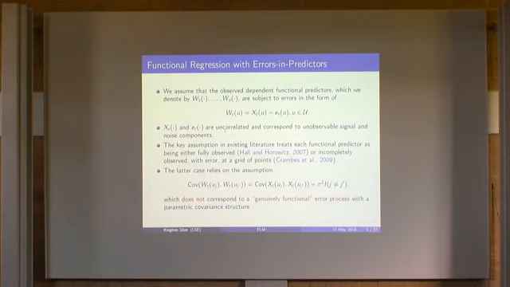Then you get a smooth estimate, and you can estimate both the first term and the second term. As I mentioned, here the error process does not correspond to a fully non-parametric covariance structure, so we cannot say that this error process is truly functional. We say the error process is truly functional if we don't make any parametric assumption on the underlying covariance structure, but here we actually make a parametric assumption.